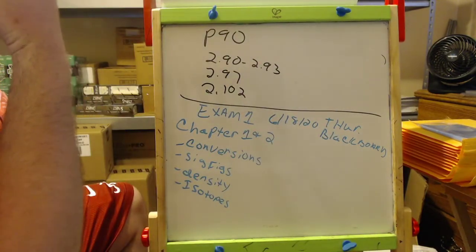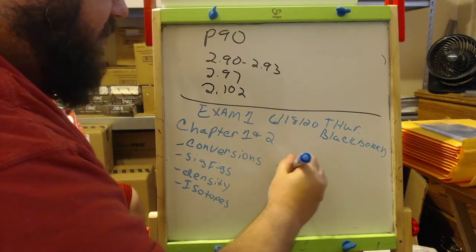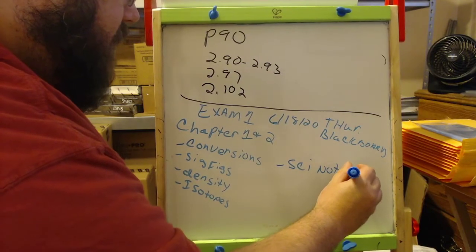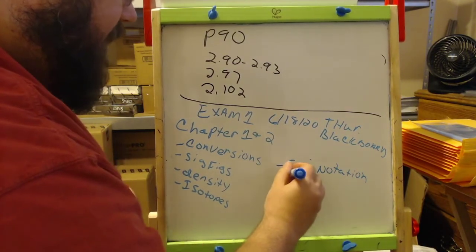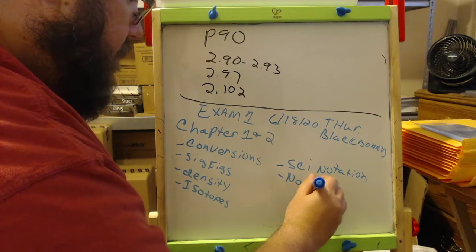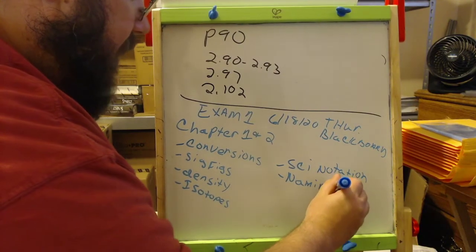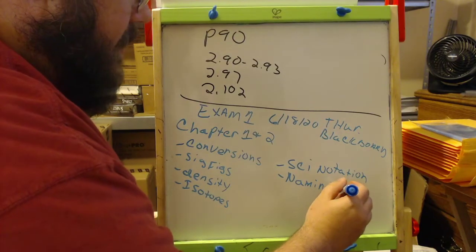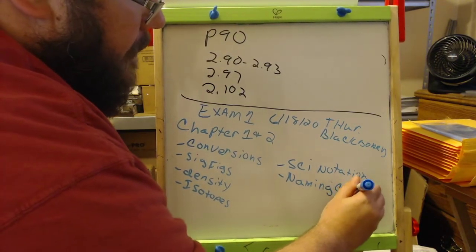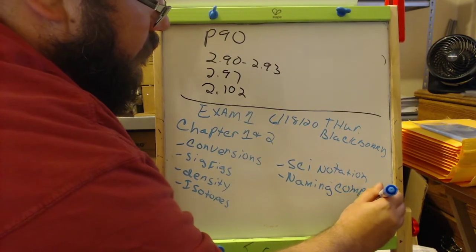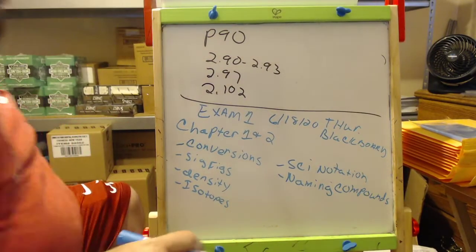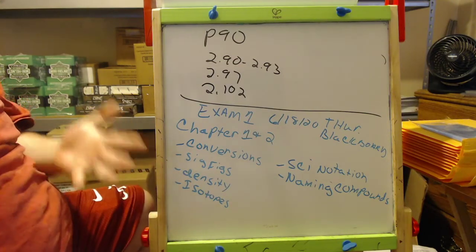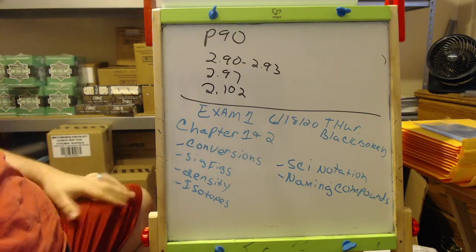What else am I thinking about? Scientific notation. We talked about naming compounds. I know we're from NEPA, but come on now. Naming compounds. Okay. So conversion, sig figs, density, isotopes, scientific notation, naming compounds.